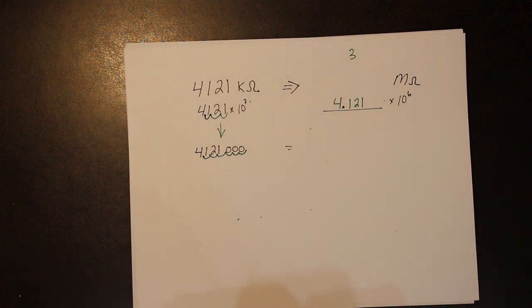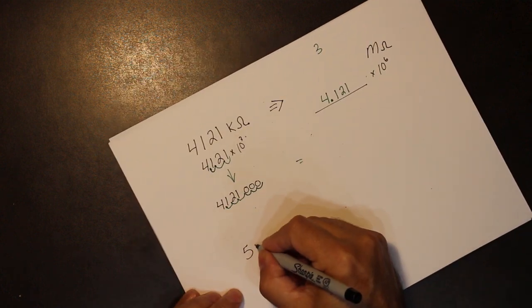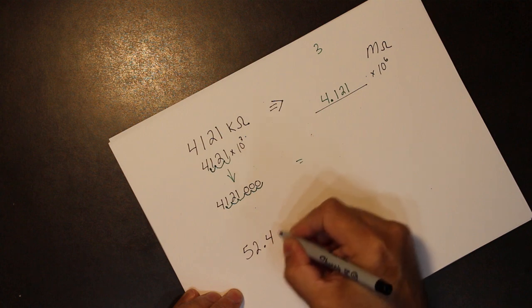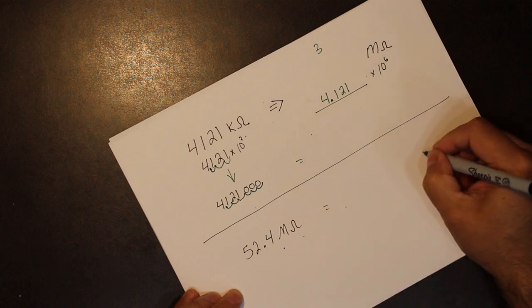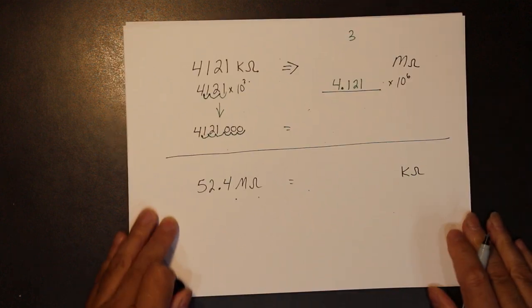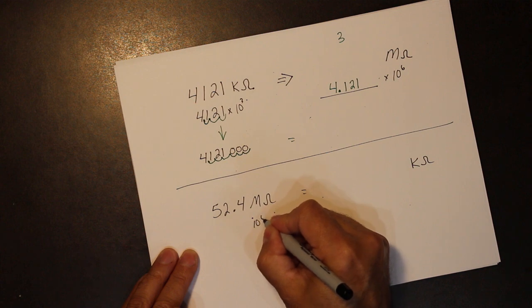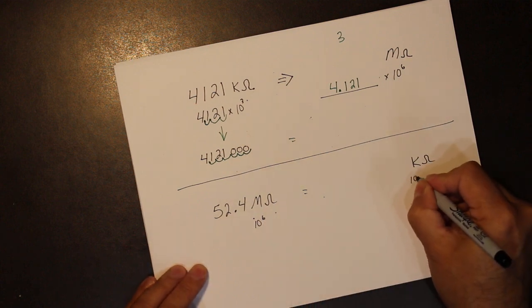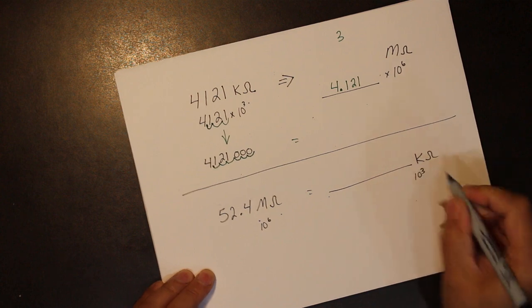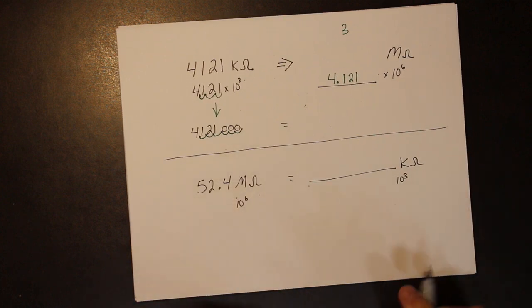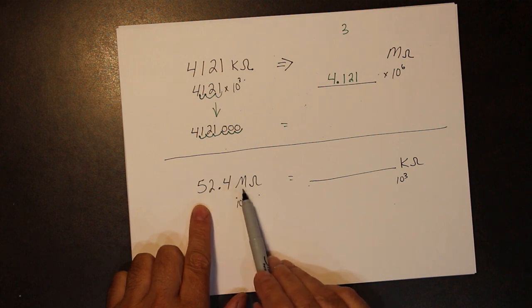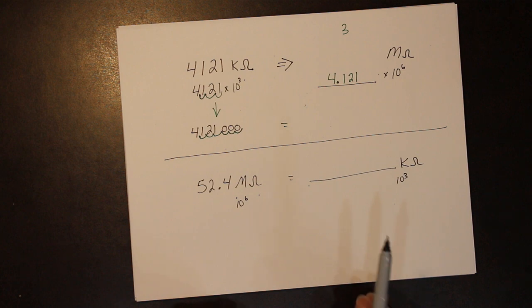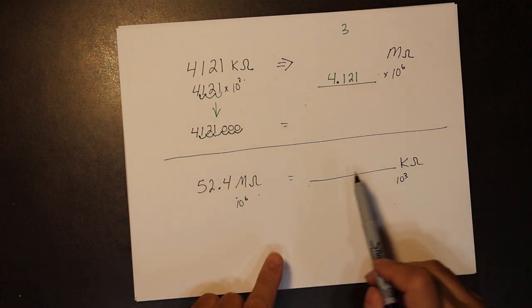If we were going the opposite direction, so 52.4 mega ohms, how many kilo ohms is that? Again, we know that this is 10 to the 6th, this is 10 to the 3. So we know that if we have 52.4 mega ohms, we must have many more kilo ohms.